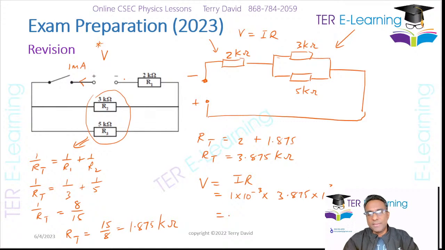So that is 1 times 10 to the minus 3 multiplied by 3.875 times 10 cubed, and you're going to get 3.875 volts. So that's your answer there. That's your voltage.